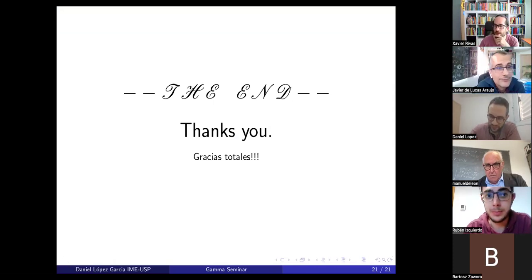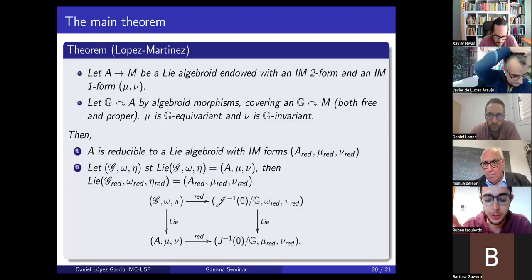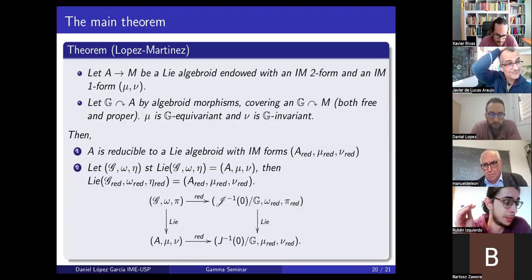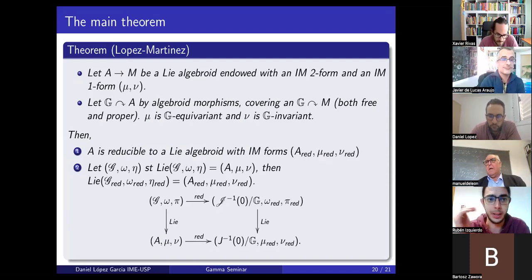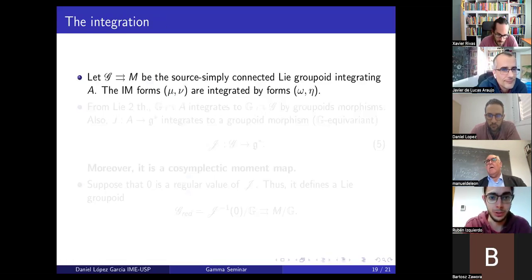I have one question. You mentioned, and this is known, right? When you have a cosymplectic manifold, the kernel of eta defines the symplectic foliation of the induced Poisson structure.